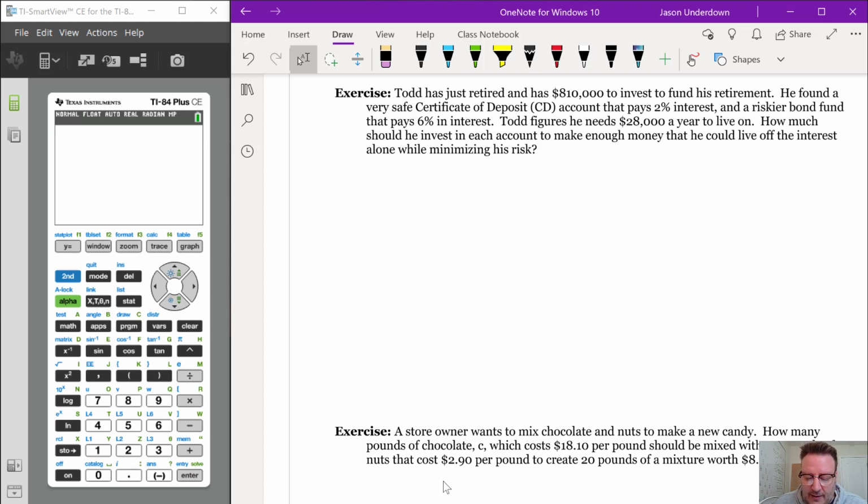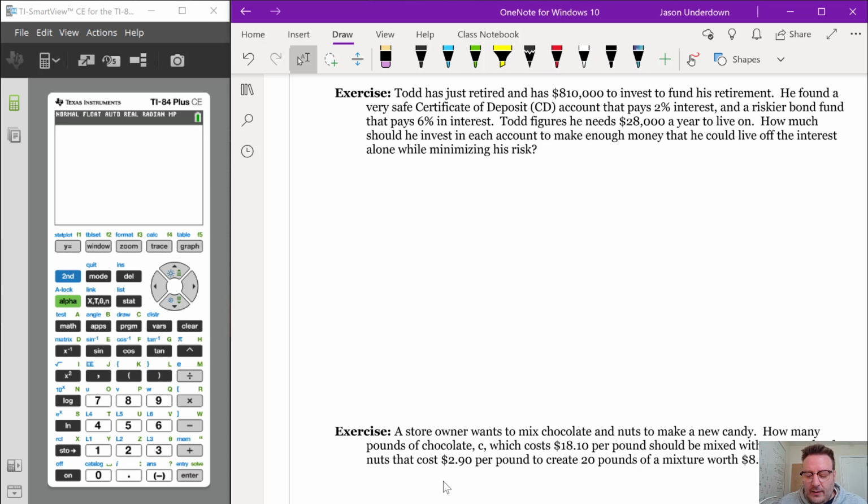He found a very safe certificate of deposit, or CD account, that pays 2% interest, and a riskier bond fund that pays 6% in interest. Todd figures he needs $28,000 a year to live on. How much should he invest in each account to make enough money that he could live off the interest alone while minimizing his risk?